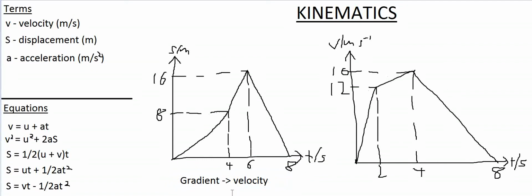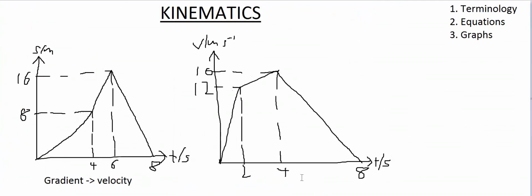Moving back to the velocity time graph, it basically tells the velocity of the car at different points in time. A positive gradient means the car is moving forward in the positive direction, and a negative gradient means the car is moving at a negative velocity, moving backward.